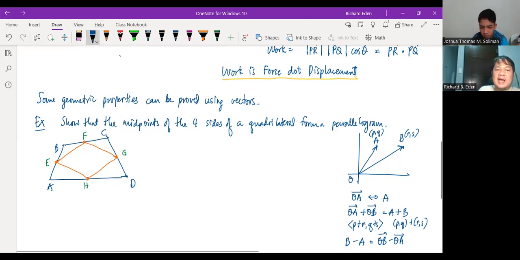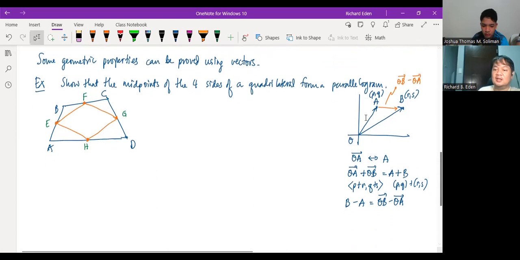It's what needs to be added to OA to get vector OB. So this is it, this orange vector. This is going to be OB minus OA. So when we see B minus A, that's vector OB minus OA.